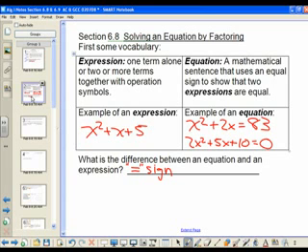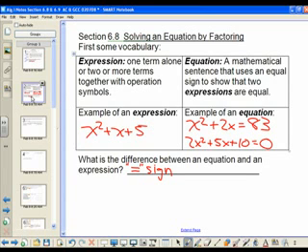Today we're going to put the stuff we've learned about factoring polynomials to use, so now we're going to be able to get solutions. These equations may have more than one solution; in other words, x might have more than one value. This is true with quadratics.